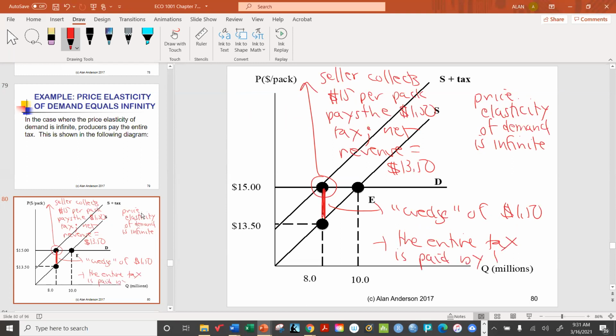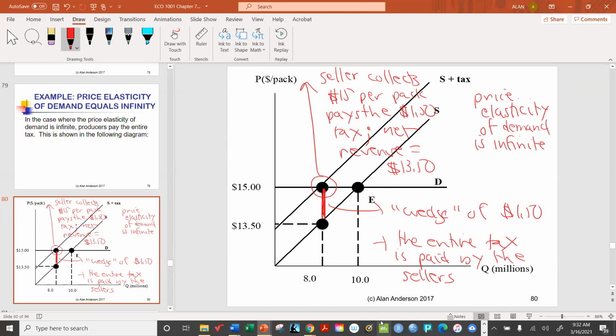because the consumers will refuse to buy the product in this case, even if the price goes up a penny. Okay, that's how extreme this is. If the producers of the cigarettes try to raise the price even to $15.01, they'll lose 100% of their revenues, because the smokers will stop smoking altogether if the price goes up even a penny above $15.